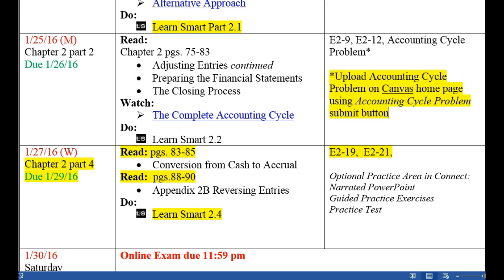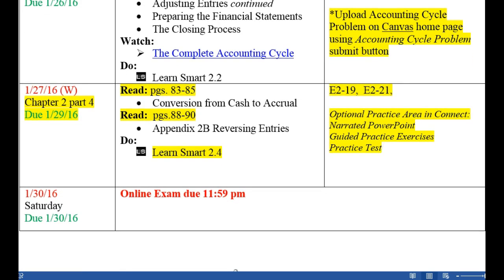Also notice that there's an optional practice area in place for Chapter 2 where you can see narrated PowerPoints, guided practice exercises, and the practice test. This is also in Connect in an area called Practice Area Chapter 2.